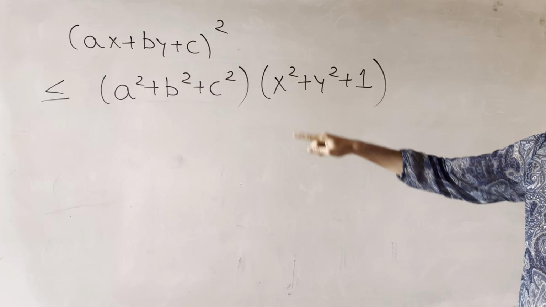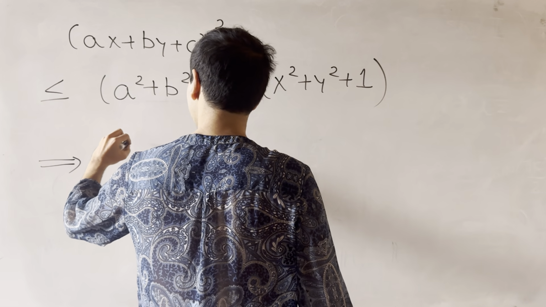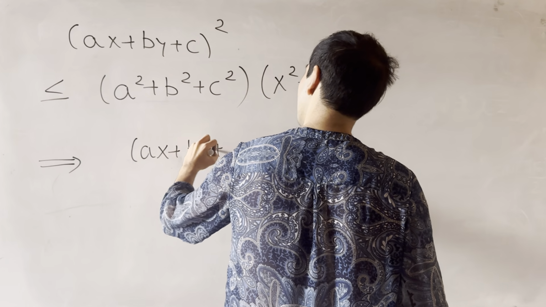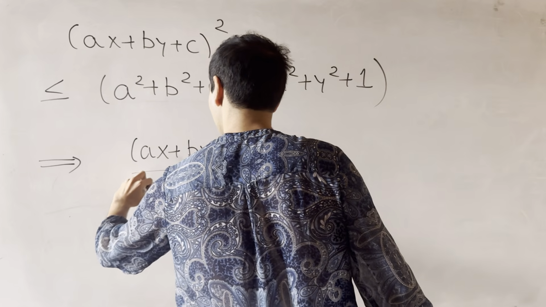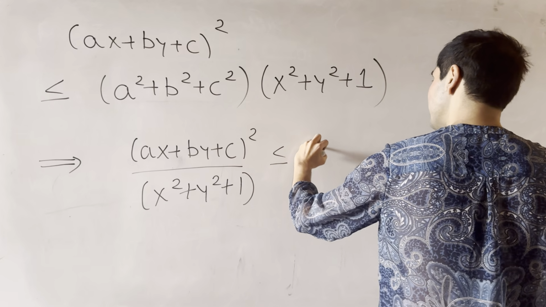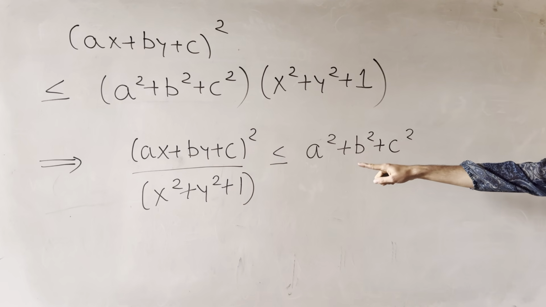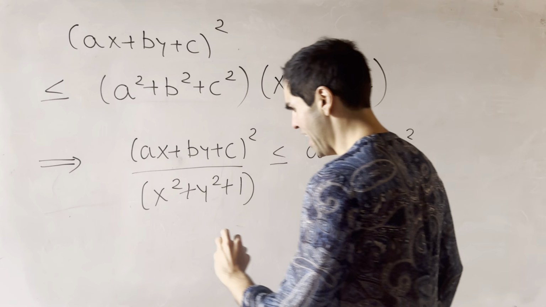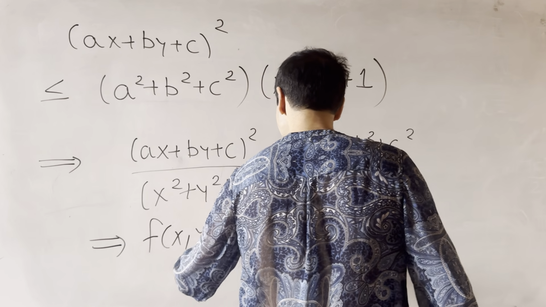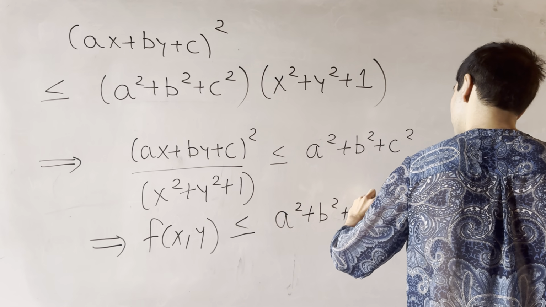And the cool thing is we can manipulate this to become our function, because this implies that (ax + by + c)² over (x² + y² + 1) is less than or equal to a² + b² + c². In particular, the function f is never greater than a² + b² + c².